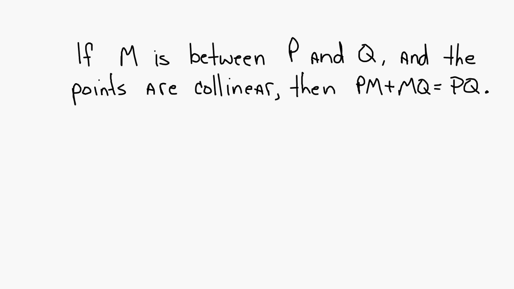So that in text may not make a whole lot of sense. So let's draw a picture of it. Let's draw a picture of M between P and Q and collinear. So if they're collinear, they're on the same line, so we can draw a line. M is between P and Q. So let's put P and Q on this line segment and put M in between it.